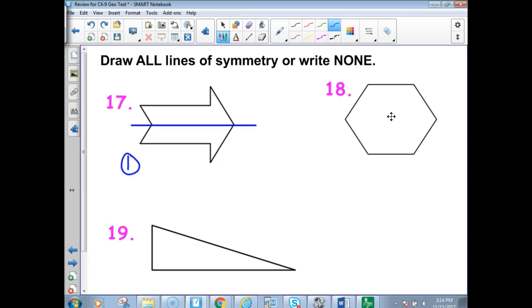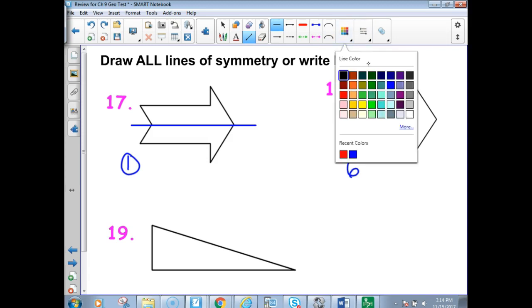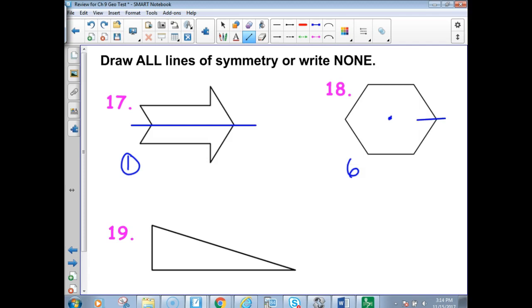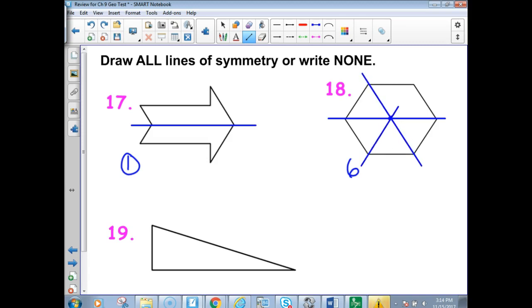All right, what about the next one, though? How many is it going to have? 6. Let's see. So we're going to draw them. It's going to look like more than 6. Okay, but here we go. I'm going to go through that corner, through the middle, to the other side. Go through each of the corners through the opposite corner, opposite vertex, if you will.